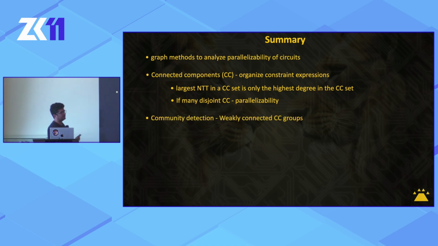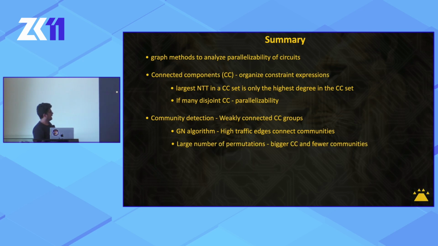So I think the more practical direction is to do community detection, and we applied Girvan-Newman. You can apply any algorithm that you like, but you should try different methods, and there may be some trade-offs. Essentially, if your definition of circuit has large permutations, you will have less parallelizability. But maybe there are ways around this.